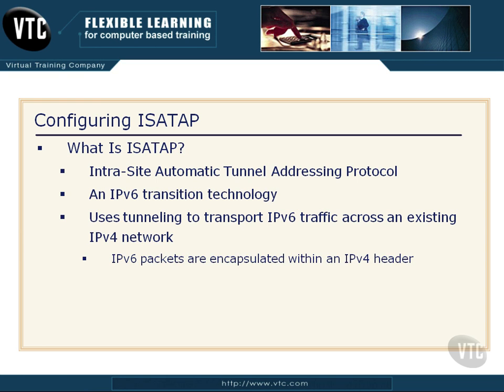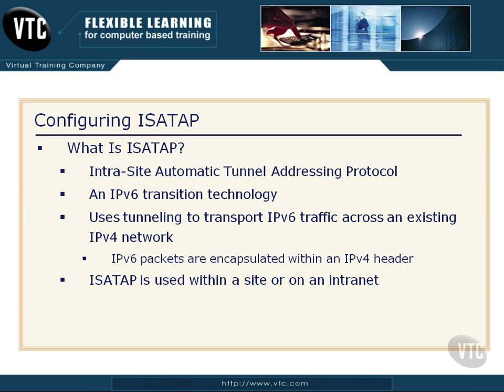It's going to use tunneling. The IP version 6 packets are going to be encapsulated within an IP version 4 header, and so the router thinks that it's looking at IP version 4 and goes across the IP version 4 network. Then when it gets to the other end, it's broken out and there's your IP version 6.